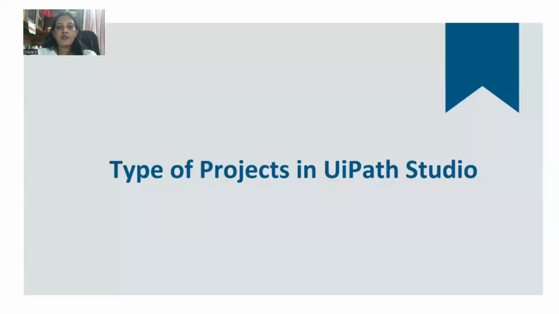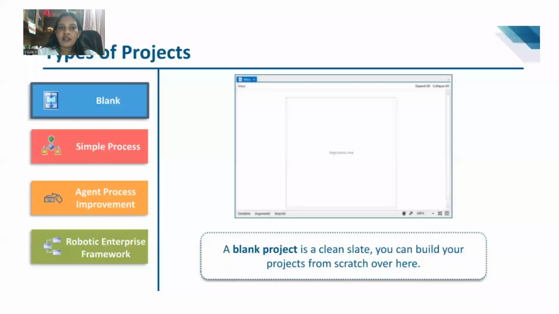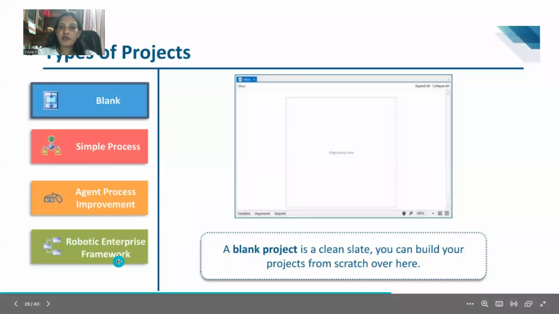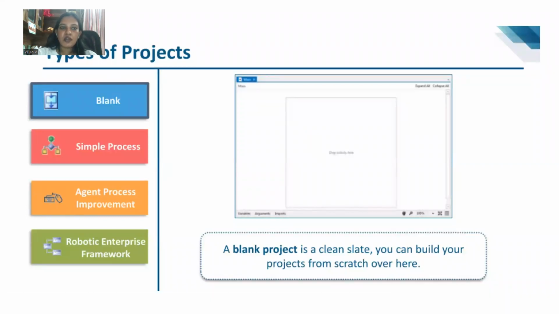And coming to the type of projects in UiPath Studio. As a beginner, we would be taking up blank projects. There are also other kinds of projects like simple process, agent process improvement, and frameworks.